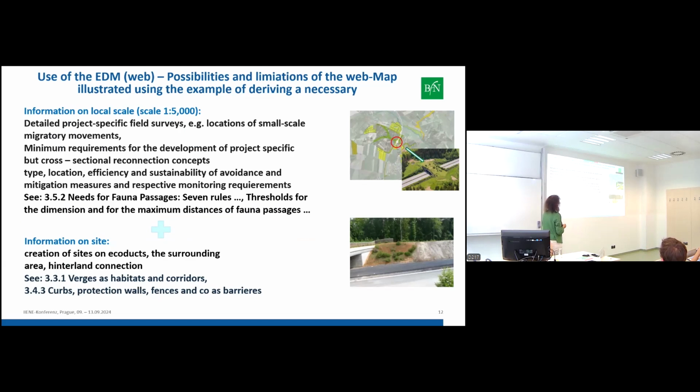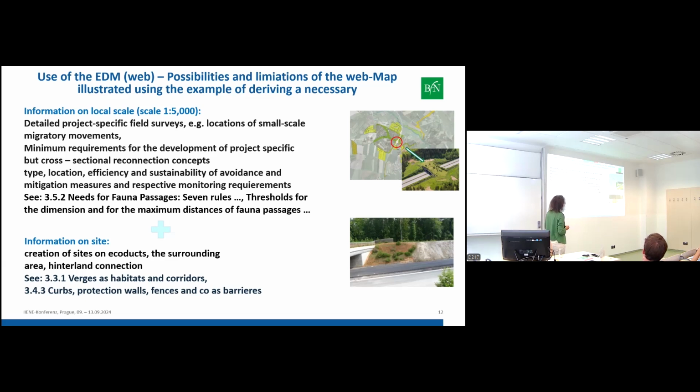And then you go to the local scale, and there you have detailed project-specific field surveys, locations of small migratory species. That's why we need to know where the insects in that region can pass.